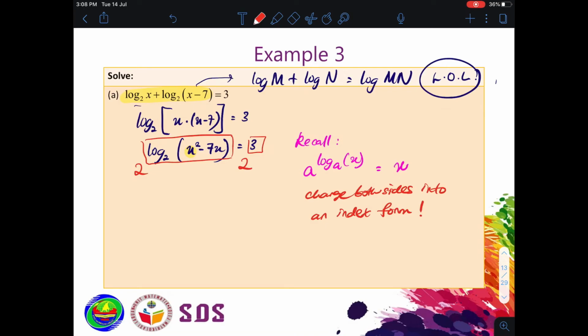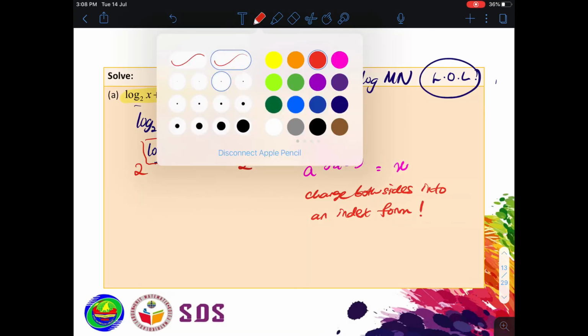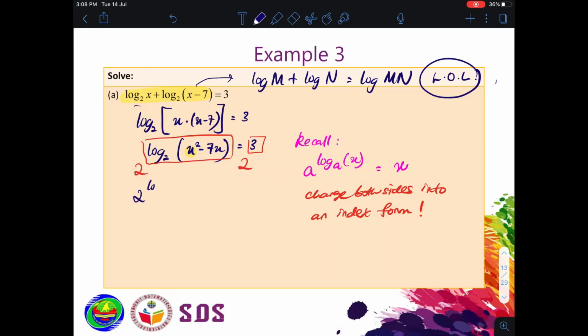I write it down again so that you can see it clearly. It will become like that. Therefore, straight away you can eliminate the log automatically, and it gives you x squared minus 7x equals 8.